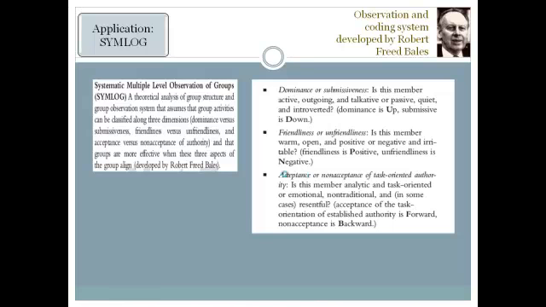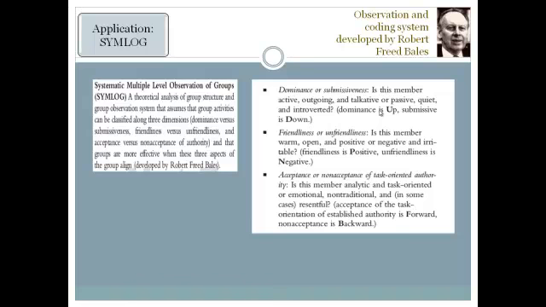Here are the categories that he examined in terms of the types of interaction. Dominance or submissiveness: if the member is active and outgoing, is more dominant, or is more passive and quiet, introverted, then it's submissive. Dominance is rated as up, submissive is rated as down. Friendliness or unfriendliness: friendliness is positive, unfriendliness is negative.